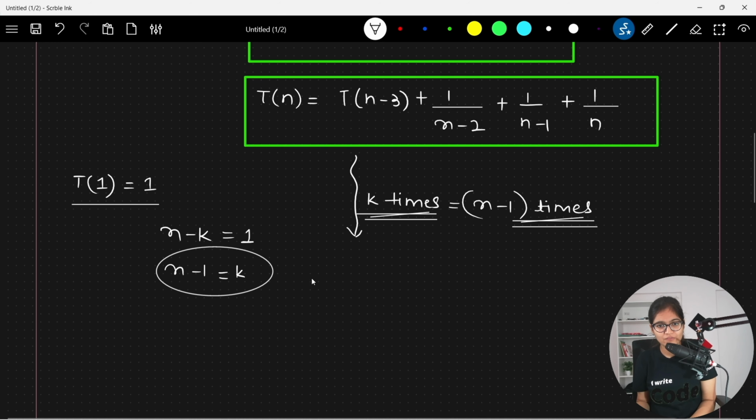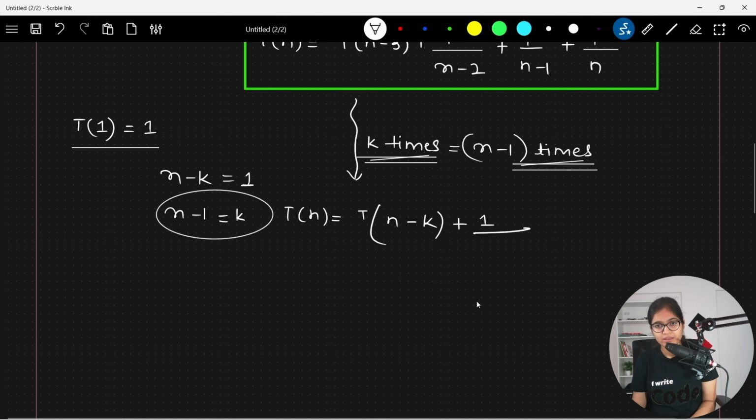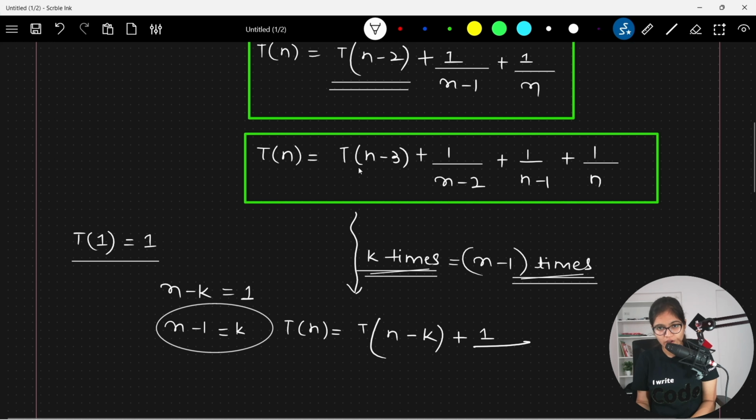If we are doing the same task until k times, or n minus 1 number of times, at that point the value of t of n will become t of n minus k, plus 1 divided by, always we are getting the number in the denominator as n minus k plus 1, because this is nothing but n minus 3 plus 1.